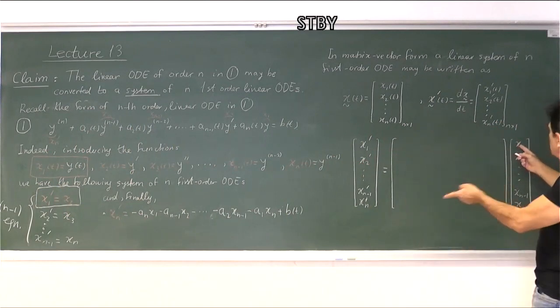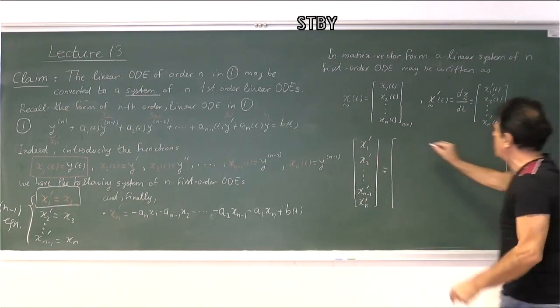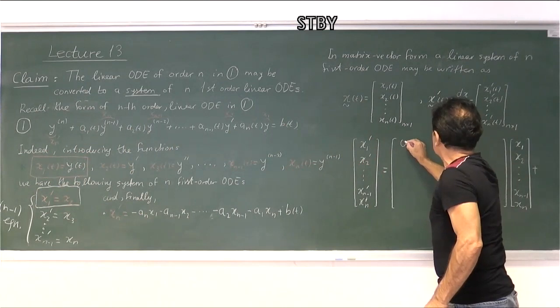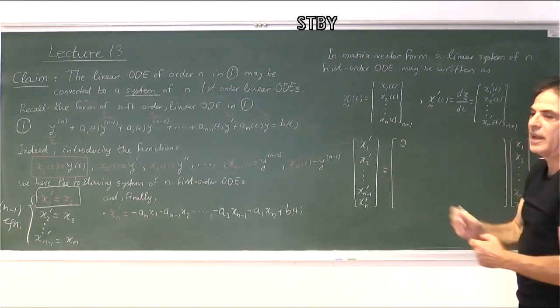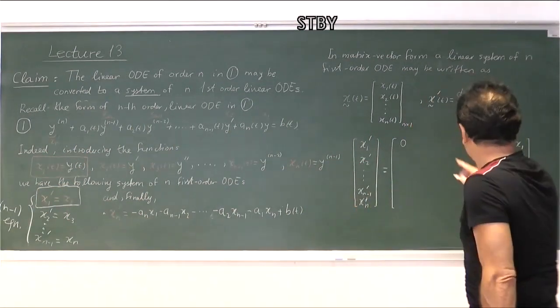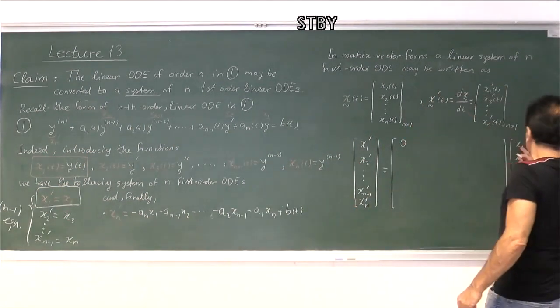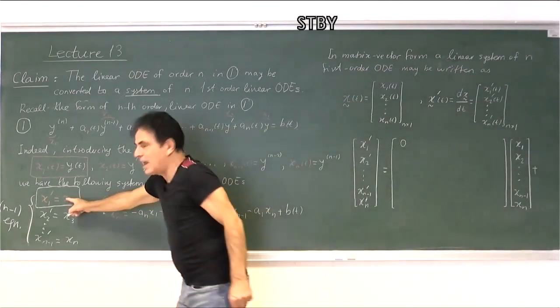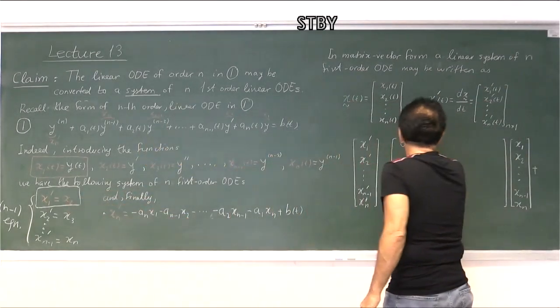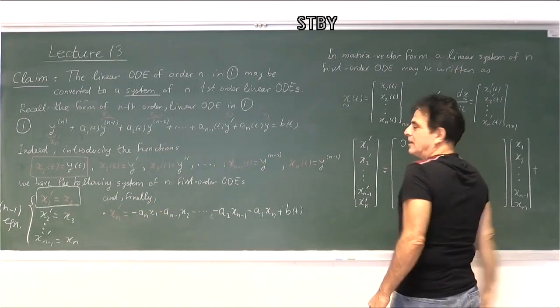Since there is no term proportional to x1, the first entry of the coefficient matrix of the system must be 0. So 0 times x1, then 1 times x2, so this must be 1.